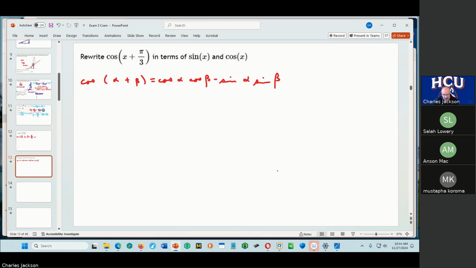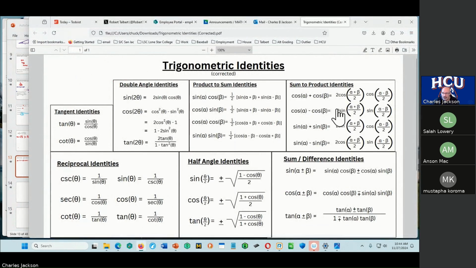Right, so yeah. Addition formula for cos, right here, is the one we're using.